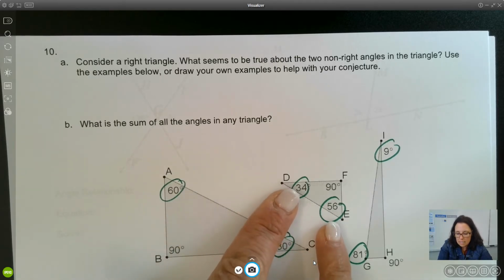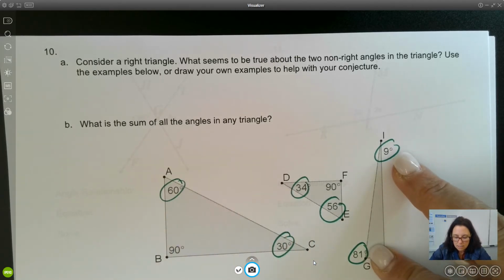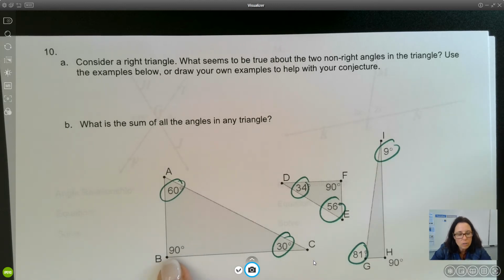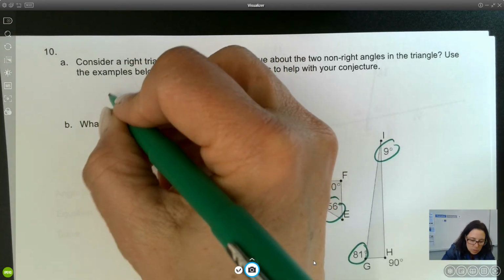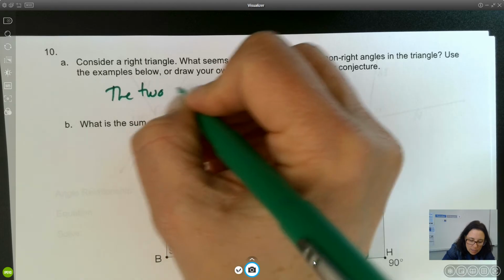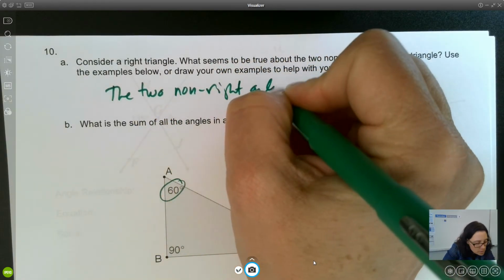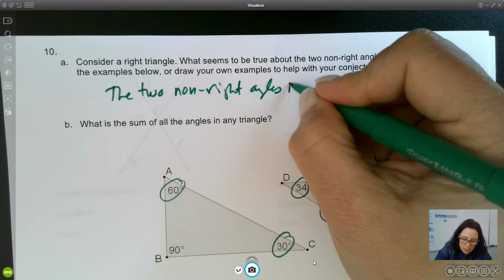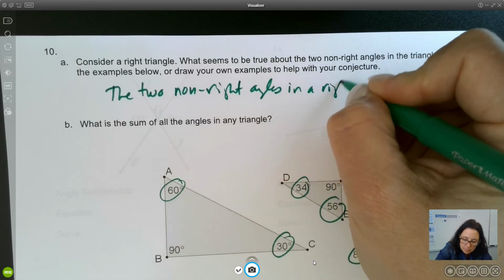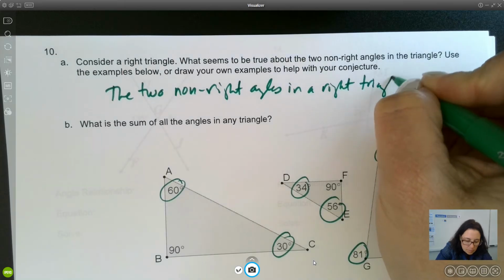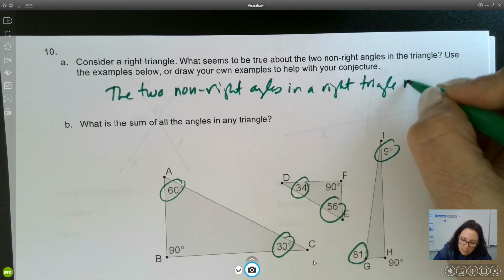If you've got a 90-degree angle, don't the other two have to add to 90 to make a total of 180? So the two non-right angles in a right triangle must add to 90 degrees.